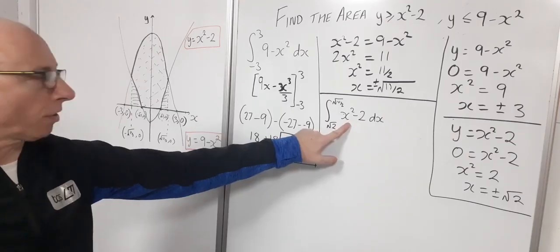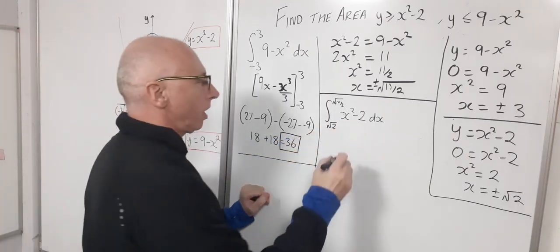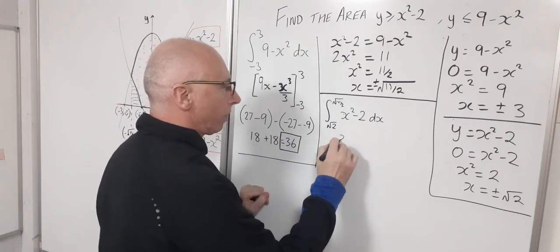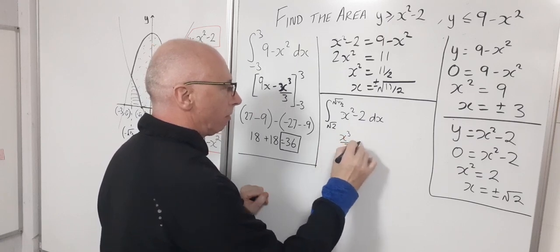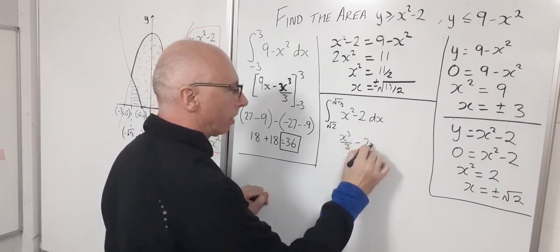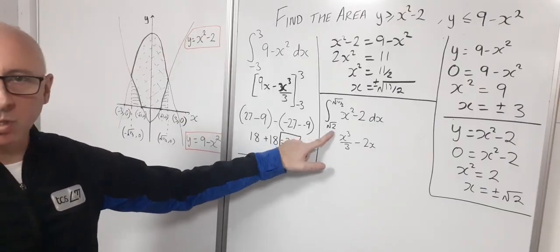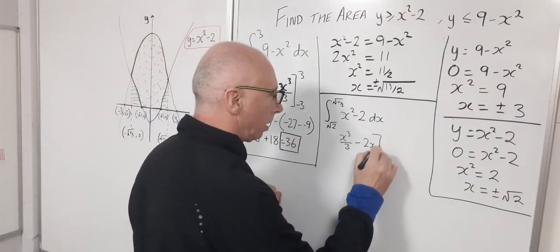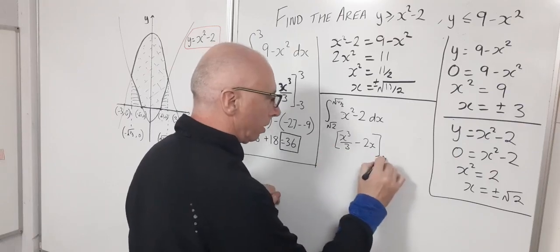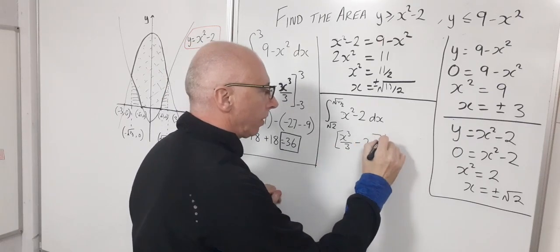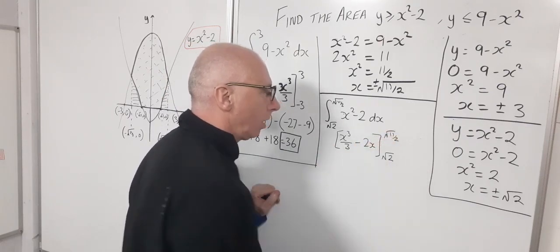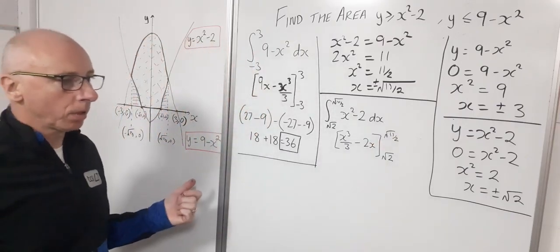Okay, let's integrate x squared minus 2. The integral of that is going to be x cubed over 3 minus 2x. Now my parameters are root 2 and root 11 over 2. Let's plug those in.